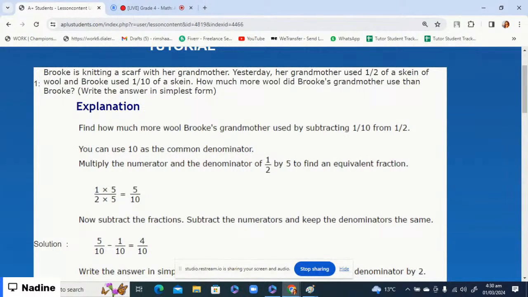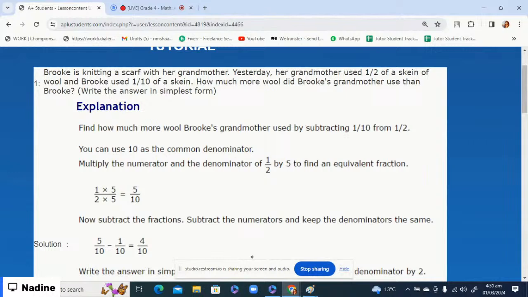Look at here. First of all, we're finding out how much more Brooke's grandmother used. First one is 1 by 2 and then it's 1 by 10. So we just subtract 1 by 10 from 1 by 2. So which denominator is common here? That is 10. So we are using the greatest, that is 10, as a common denominator in both of them.